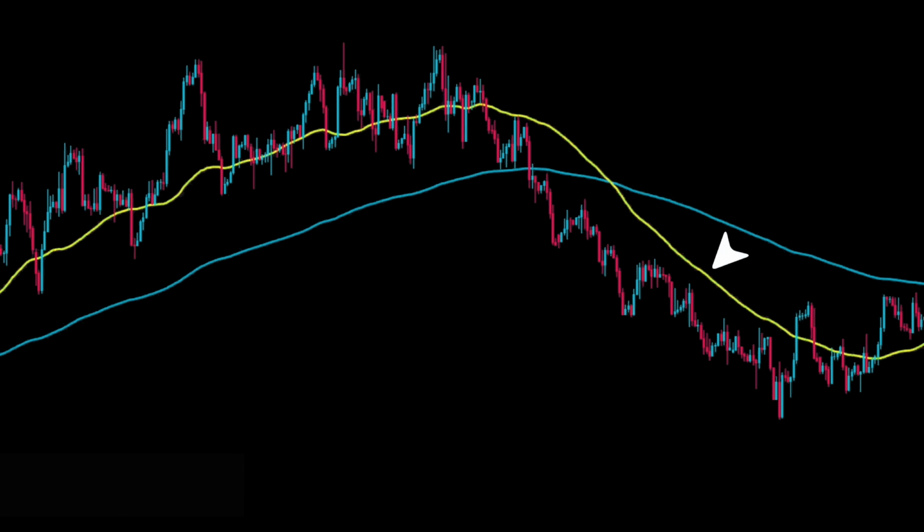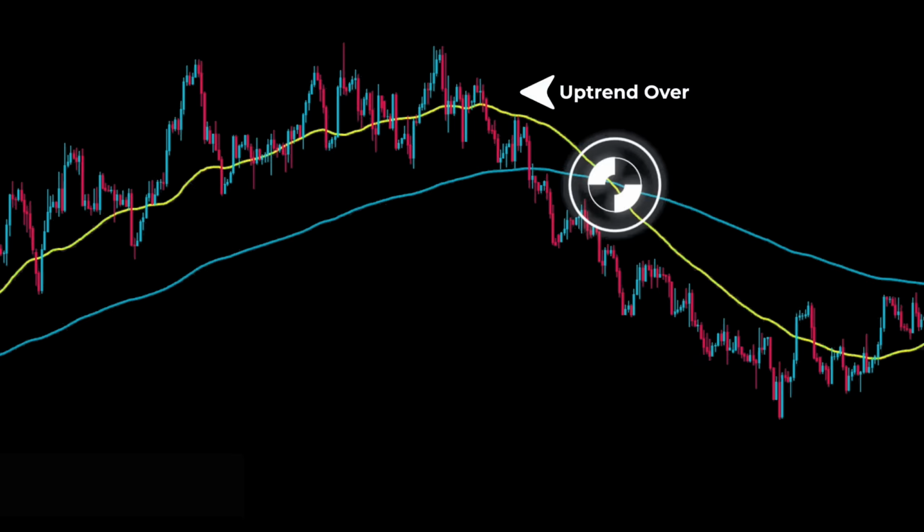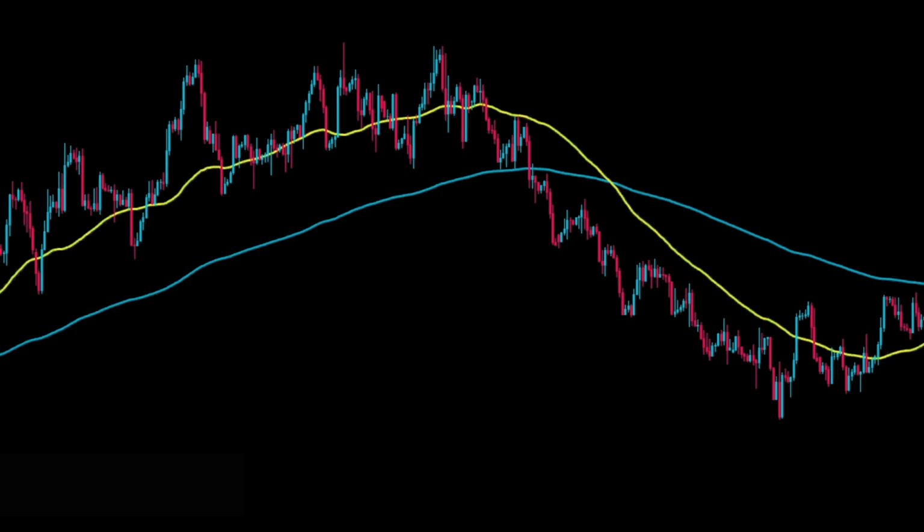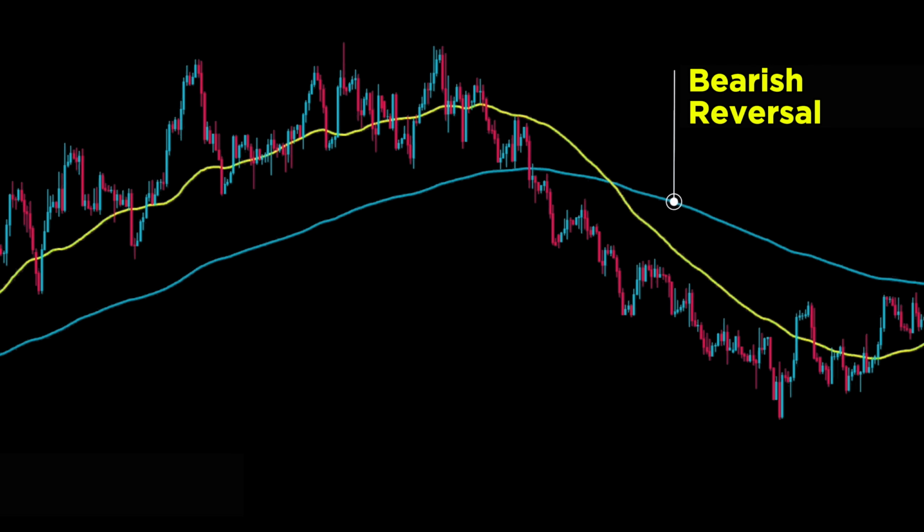Based on this principle, if the 50 MA crosses below the 200 MA, it indicates that bullish momentum is weakening and that sellers may be taking control. This crossover suggests the market could be transitioning from an uptrend into a downtrend, making it an important signal to monitor. This type of crossover is commonly interpreted as a bearish reversal signal because it reflects a shift in overall market momentum.